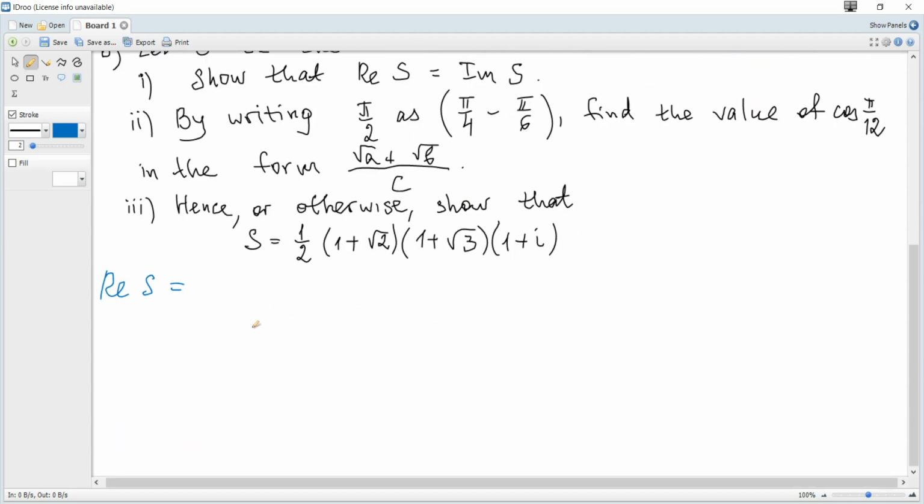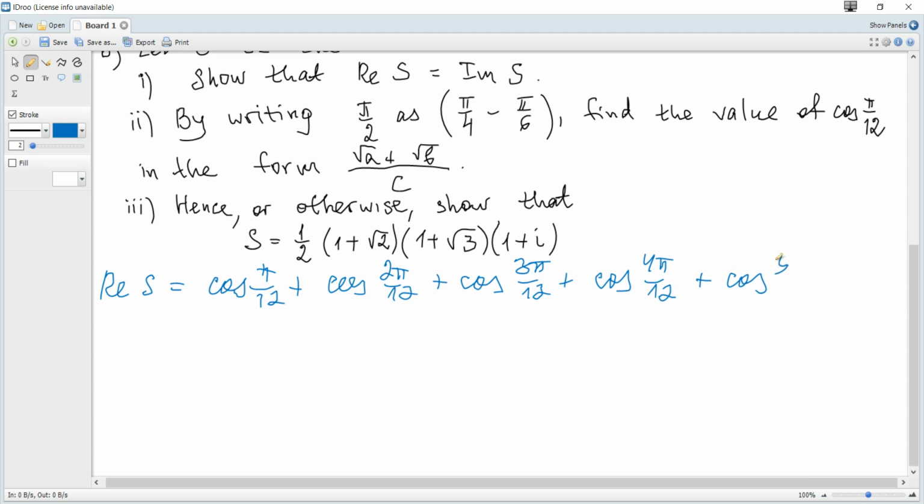So I write quickly, the real part is cosine pi over 12 plus cosine 2 pi over 12 plus cosine 3 pi over 12 plus cosine 4 pi over 12 plus cosine 5 pi over 12.